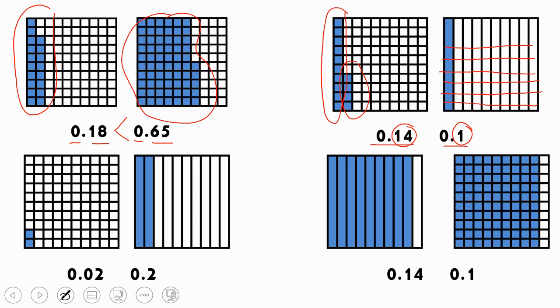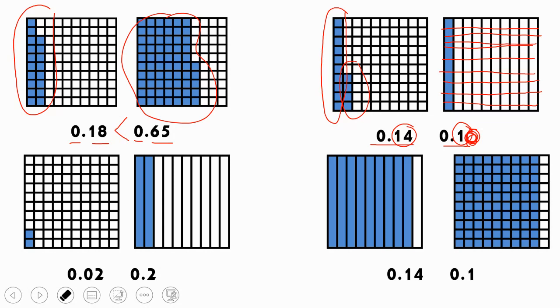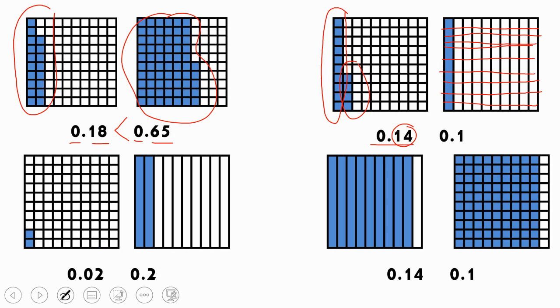I could see that, well, wait a minute, 1/10 is the same thing as 10 hundredths. So if I'm really being careful, I would see that, wait a minute, that 14 hundredths is actually more.